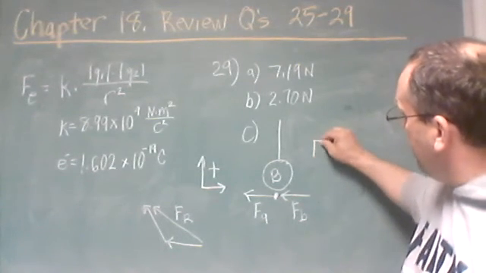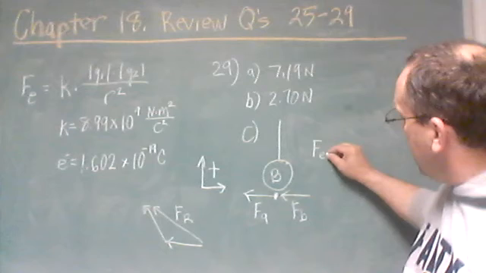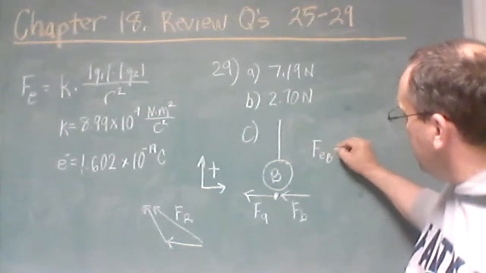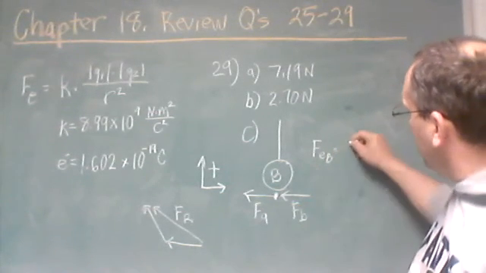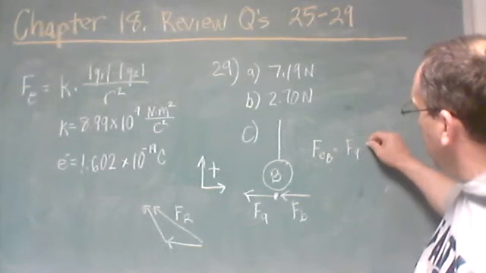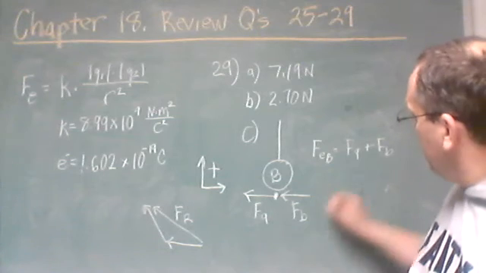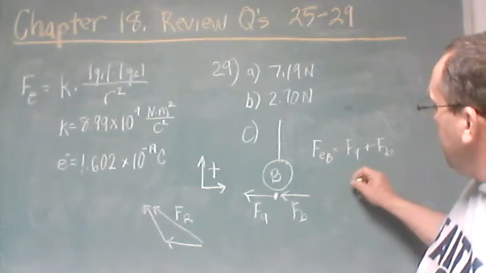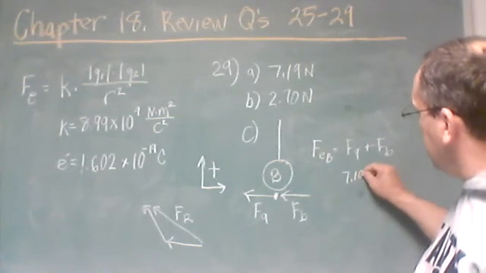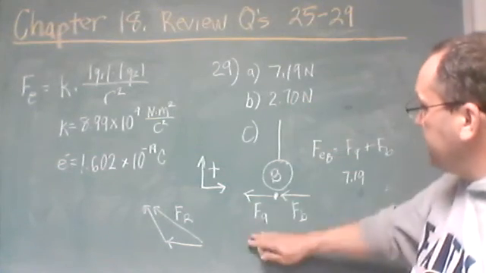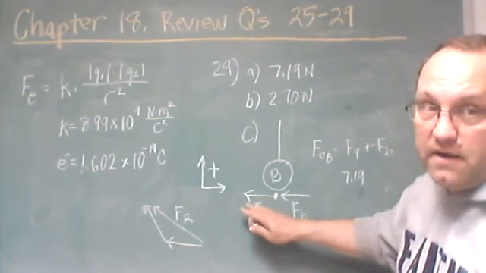Okay, so the force electrical on B is going to equal the force from part A plus the force from part B. What is the force from part A? 7.19 newtons. In which direction? Because I'm adding, I need to take account of the direction.